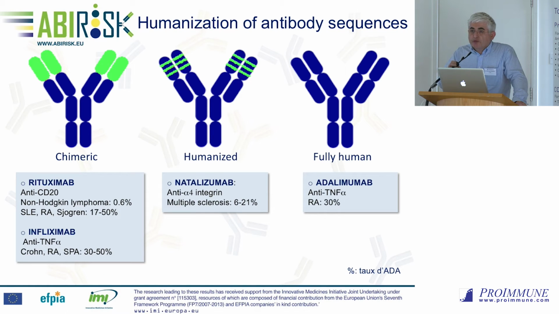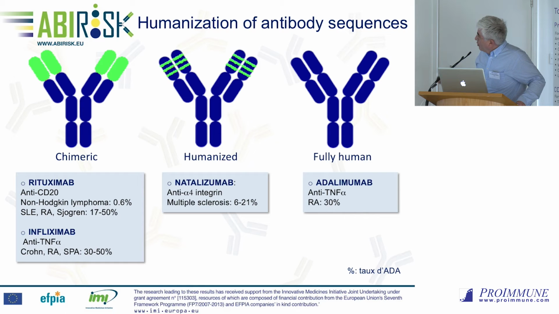So in the frame of the ABIRISK consortium, the ABIRISK project, we are interested in 4 well-known immunogenic antibodies. 2 are chimeric antibodies, rituximab and infliximab. We also work with one humanized form, which is natalizumab, and the well-known fully human antibody adalimumab that Jeremy has already presented to you.